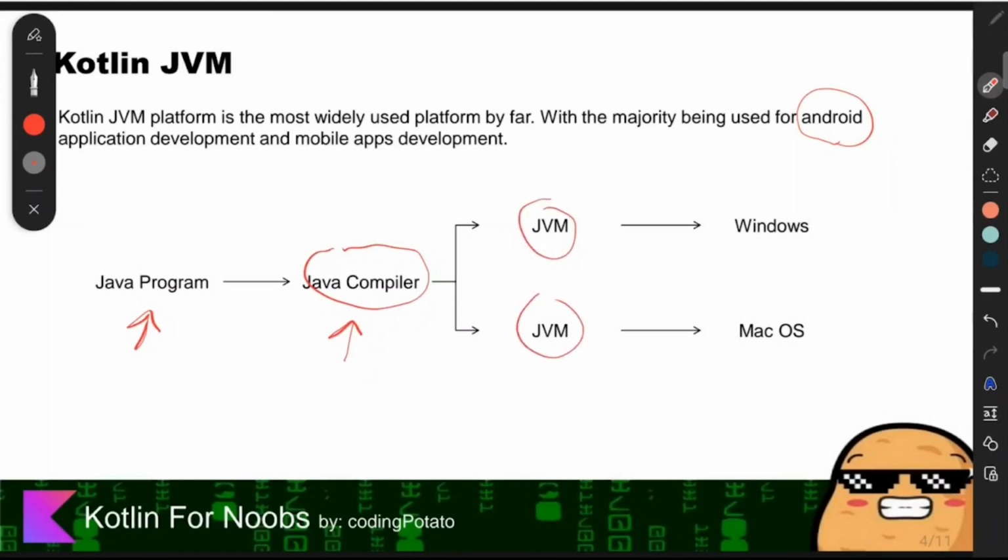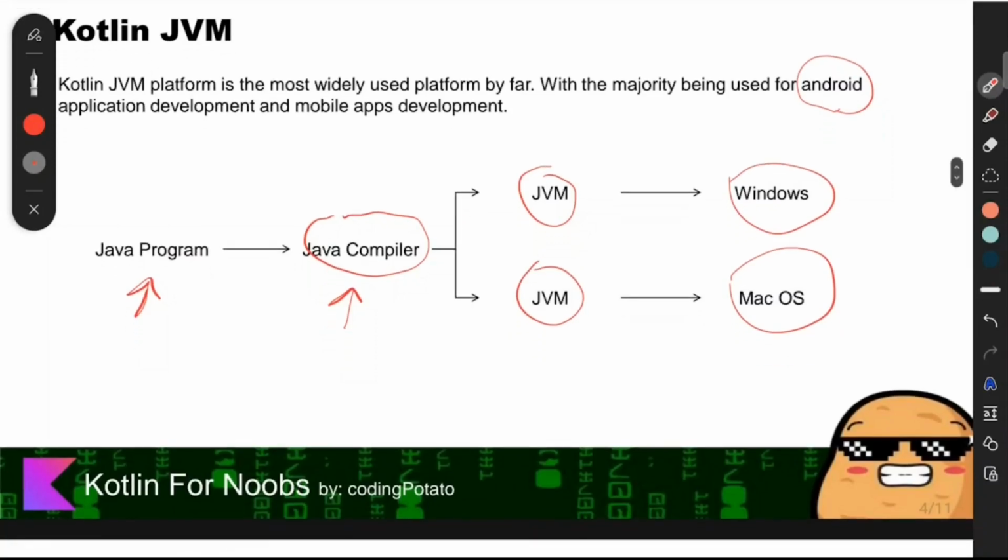As you can see here, using the JVM, you can run your program on different operating systems. Example, Windows, macOS, Linux, etc. That's what is nice about Java, as it allows you to run the same program on different operating systems, which means that you don't have to write your code independently for different operating systems.